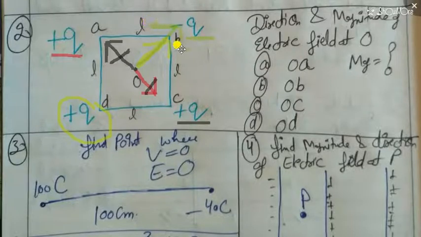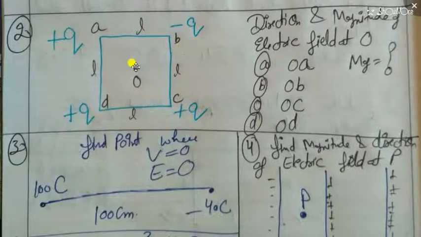If I summarize the question, we are left with two vectors, one in this direction due to this positive charge and another one in this direction due to the negative charge. So the magnitude we will get is 2kq by r square.